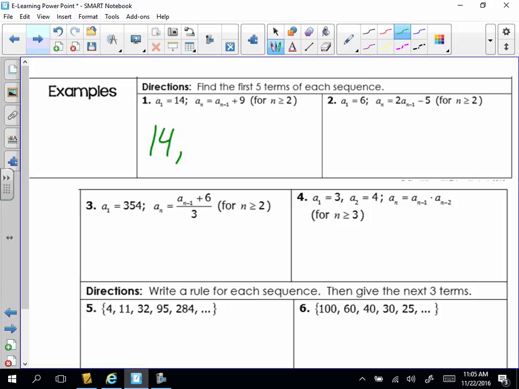We put that in here. 14 plus 9 is 23. Now I put 23 in there, plus 9 is 32. Put 32 in there, plus 9 is 41. 41 in here, plus 9 is 50.